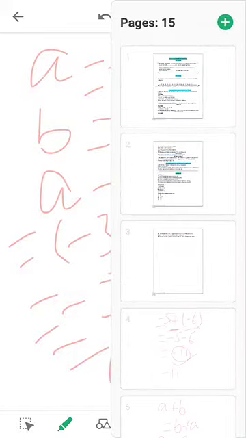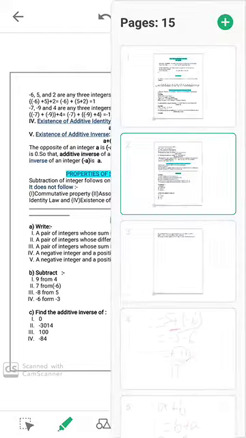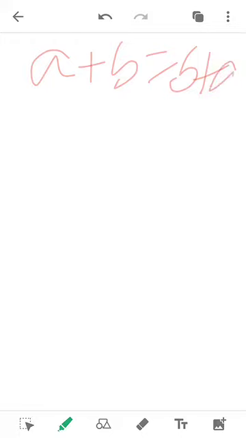But it does not hold the commutative property, the associative law of subtraction, the existence of identity law and the existence of inverse law. Let's take an example. In the commutative law, as we know, commutative law of addition is a plus b is equal to b plus a.